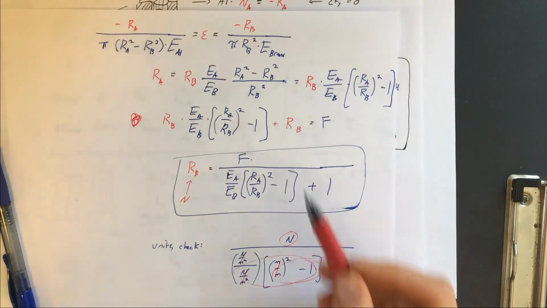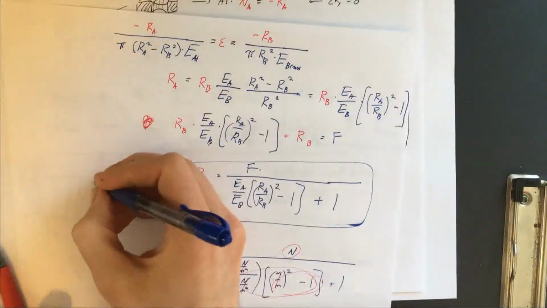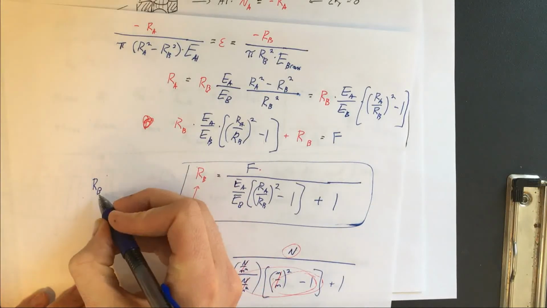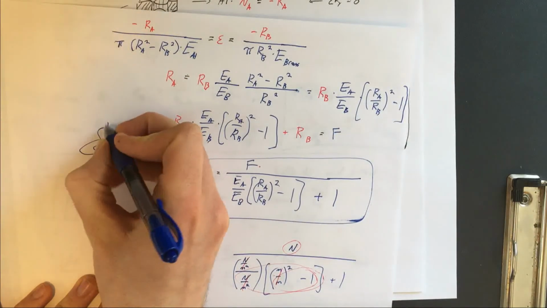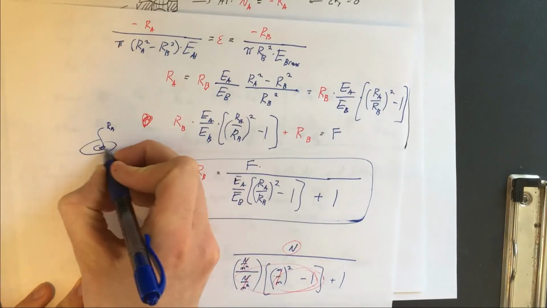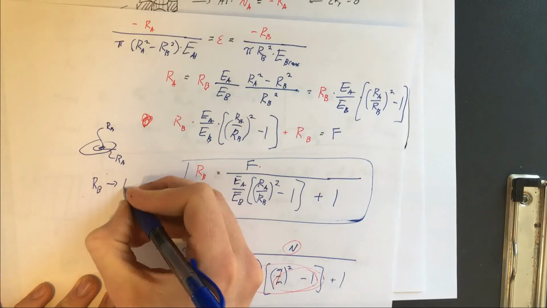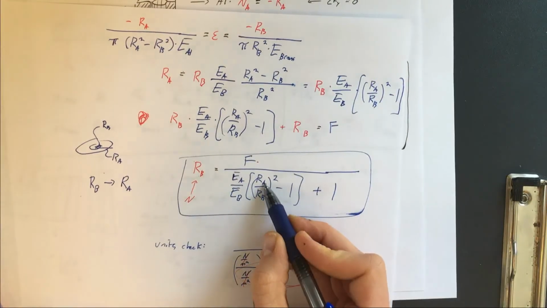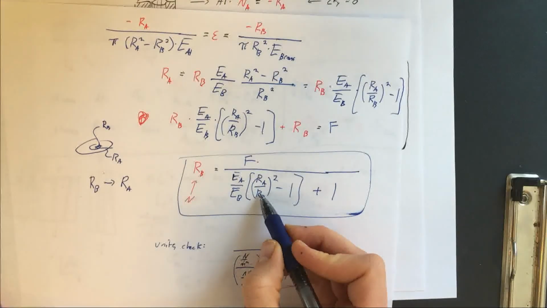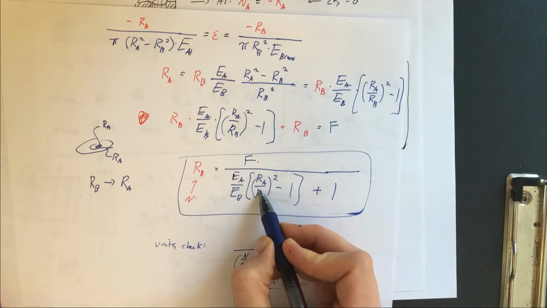Let's do another sanity check. What happens if RB, which is the radius of the brass part, remember, RB is this part, RA is this part, starts to approach RA? Well, if RB starts to approach RA, then this term starts to approach 1.